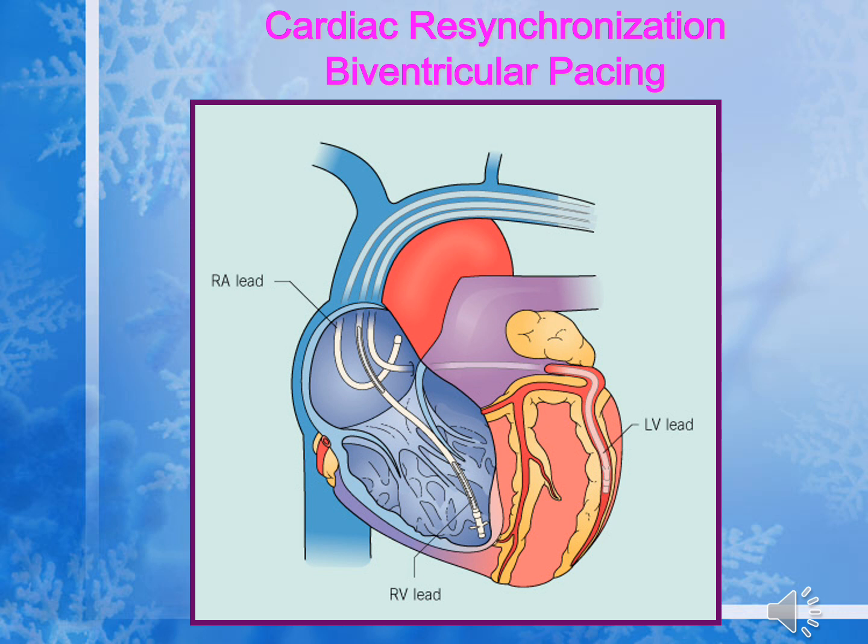The left ventricular lead is passed through the coronary sinus and lies in a coronary vein overlying the left ventricle. This resynchronization of left and right ventricles improves cardiac output in patients who have cardiomyopathy.